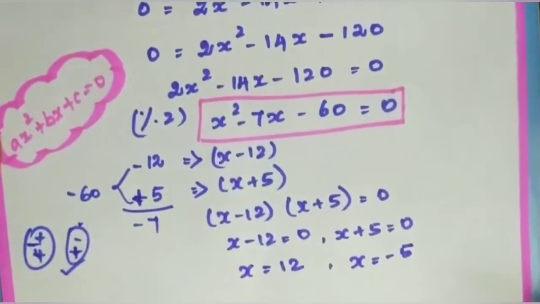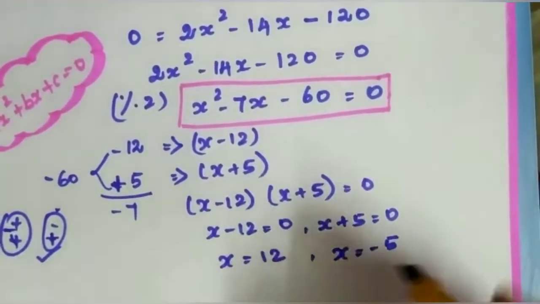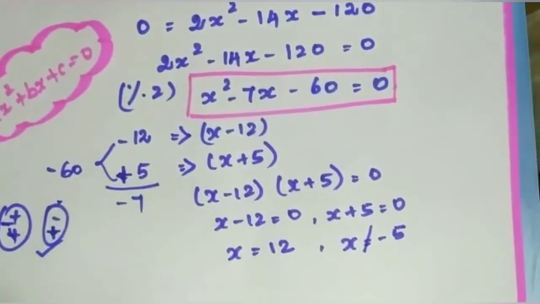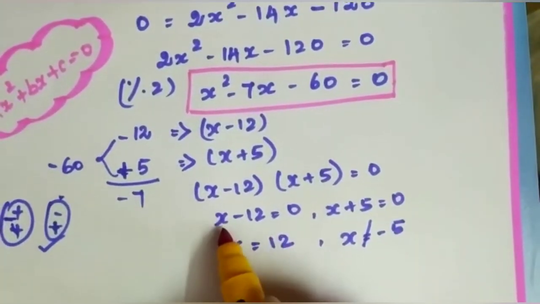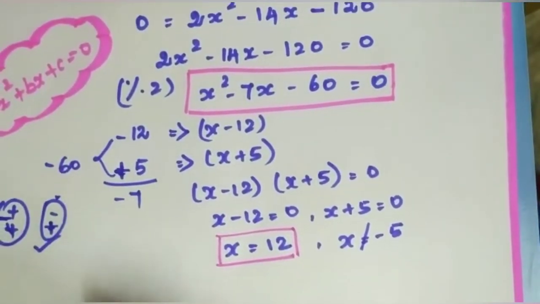The length will not be a negative value, so we can't take this value. So which one do we have to take? x is equal to 12.